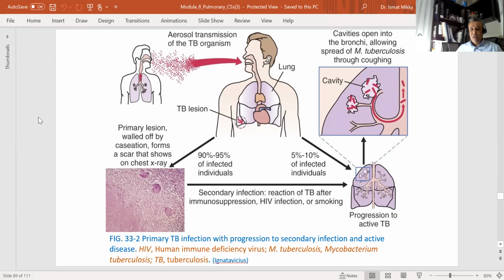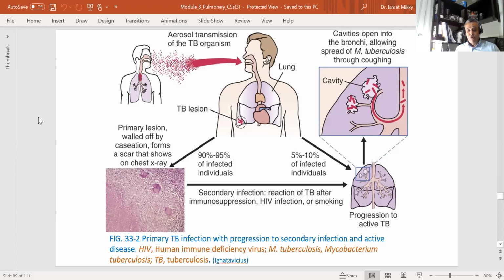Describe the pathogenesis: primary pulmonary tuberculosis initially infects the respiratory macrophages as inhaled droplets enter the pulmonary tree, the lungs, trachea, and bronchioles.